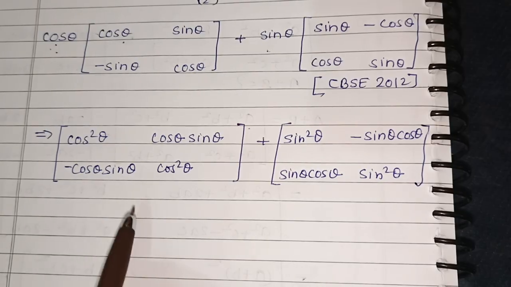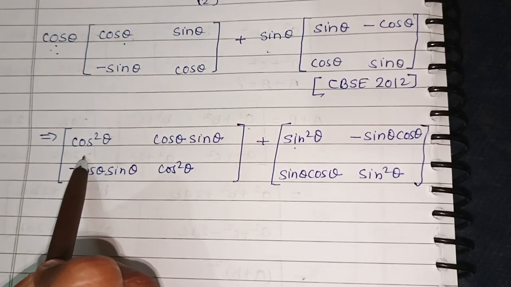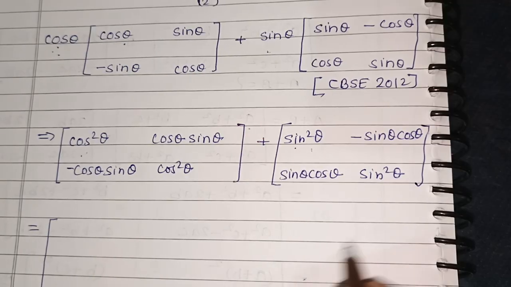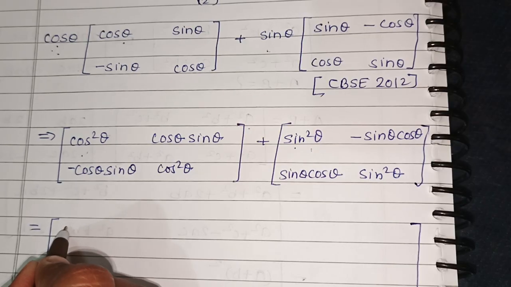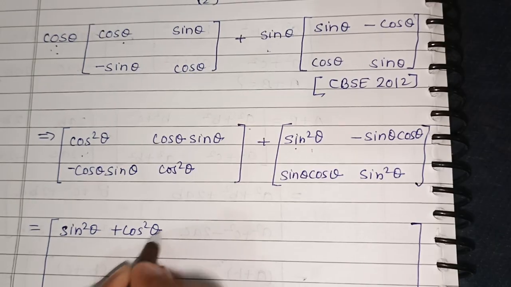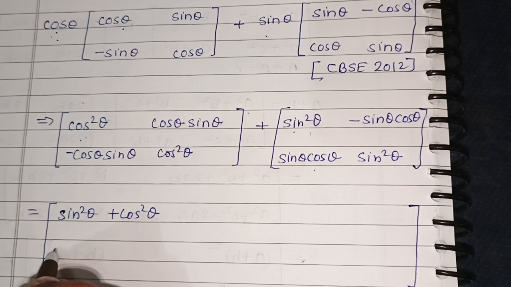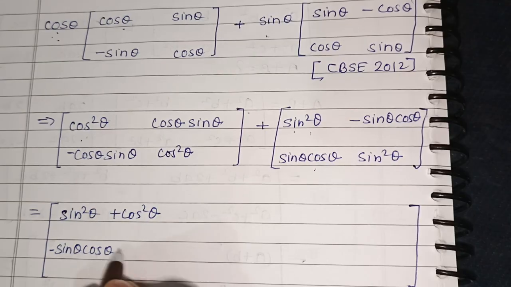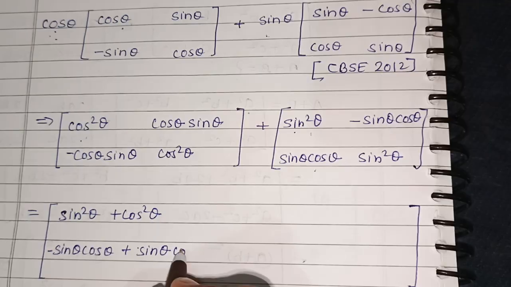Now we will add each other. So इसको हम इसमें ऐड करेंगे. This element is added with this element. So that is sin square theta plus cos square theta. ओके, दिस बाय दिस, सो क्या हो जाएगा, माइनस साइन थीटा कॉस थीटा प्लस साइन थीटा cos theta.